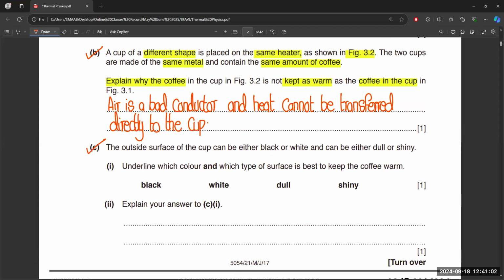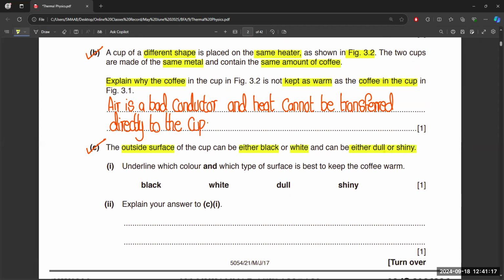Part C, the outside surface of the cup can be either black or white and can be either dull or shiny.